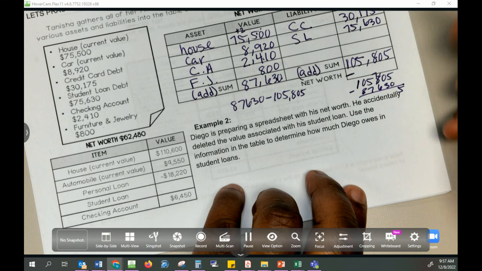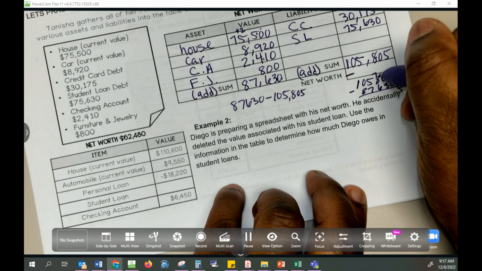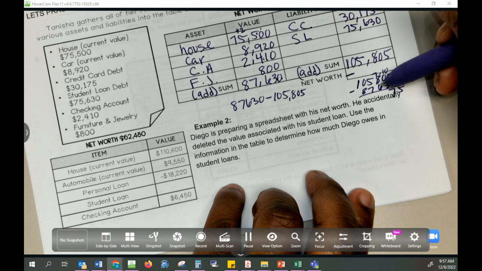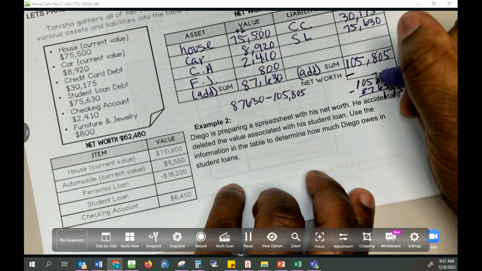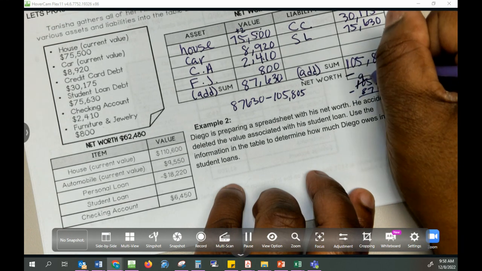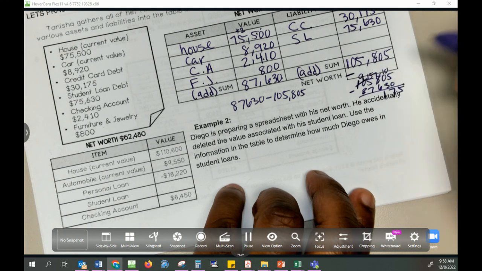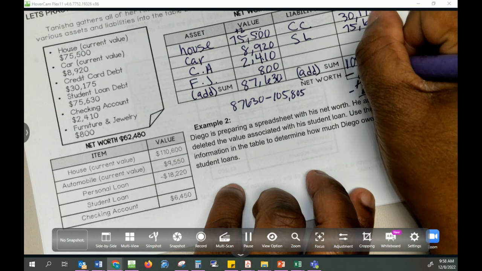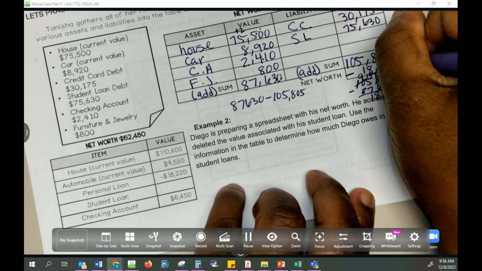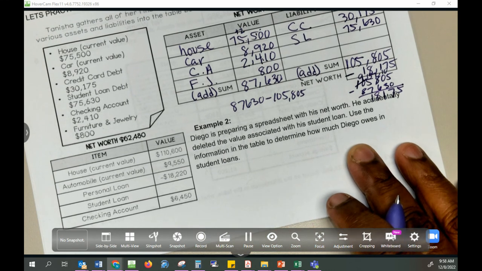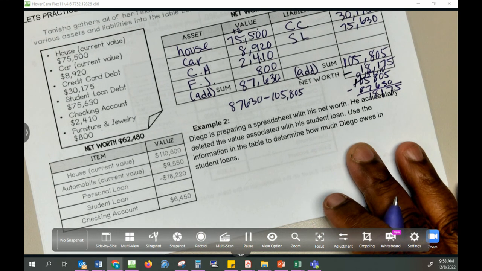So we'll pull and say, we make this 7, make this 10. 10 minus 3 is 7. 7 minus 6 is 1. 5 minus 7, we can't. So I'm going to pull from this whole 10 and make that 9 and make this 15. 15 minus 7 is 8. 9 minus 8 is 1. So it's going to be negative 18,175.